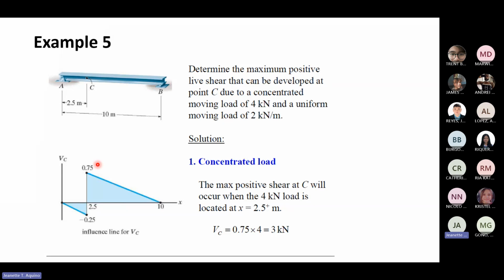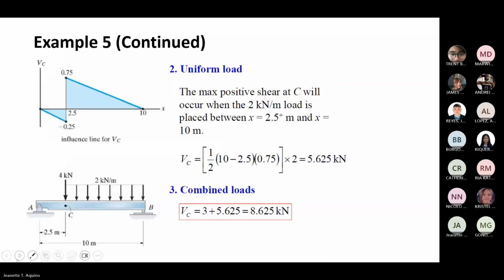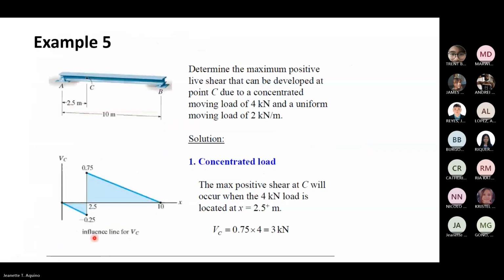Okay, determine the maximum positive live shear that can be developed at point C due to the concentrated moving load of 4 kilonewton and a uniform moving load of 2 kilonewton. So we have to solve for the influence line for VC first. I'm not sure if I have it here. Okay, I don't have the calculation. Oh, wait, I'll find the calculation for that. Okay, let me share another screen.